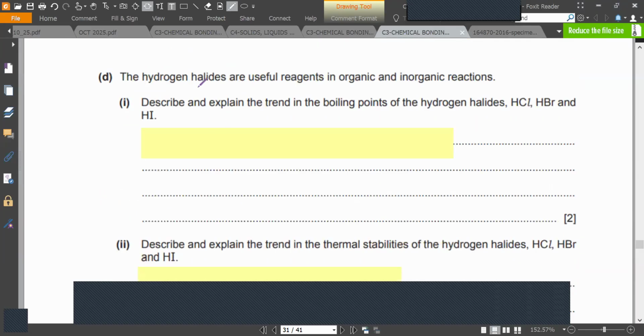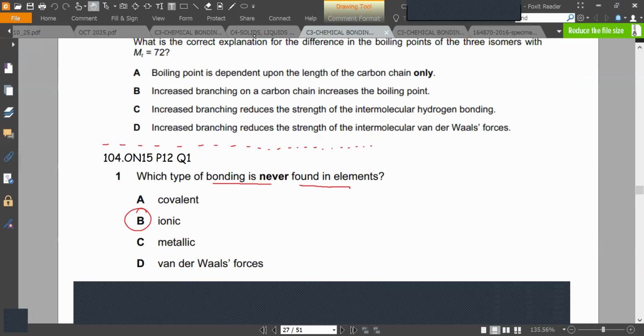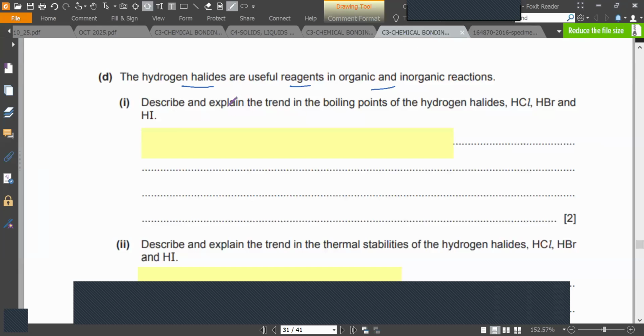Hydrogen halides are useful reagents in organic and inorganic reactions. Describe and explain the change in boiling points of the hydrogen halides. As we mentioned before, going down the group the boiling point is increasing.